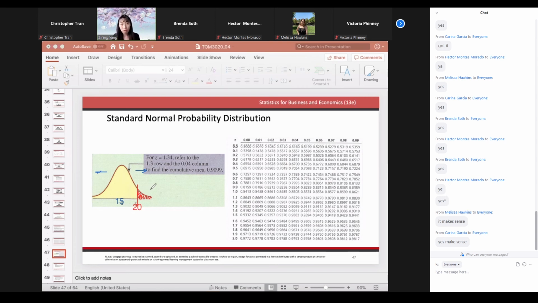So the question now is, the manager wants to know the probability of this problem happening. Is that a 1% probability, or is that a 50% probability? What's the chance that I'm losing business, I'm losing customers? So does it make sense when we translate it into statistics?